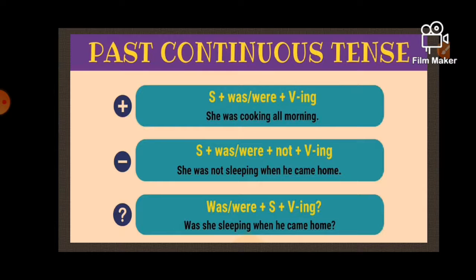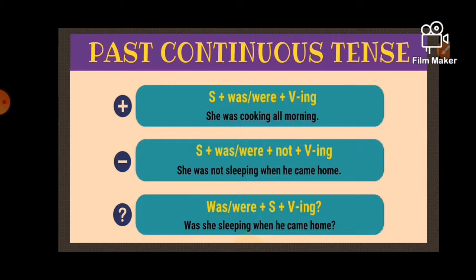It means the negative structure is subject plus was or were according to the subject plus not. And you know guys, you have done always that we use not just after the auxiliary verb. Like you have done in present indefinite do not, in past indefinite did not, and in future indefinite will not.